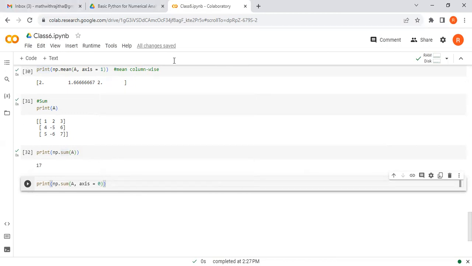Now my A matrix is 1, 2, 3, 4, minus 5, 6, 5, minus 6, 7.